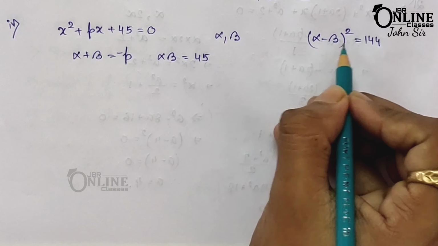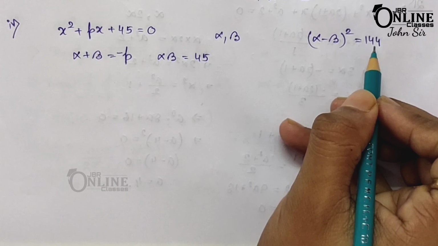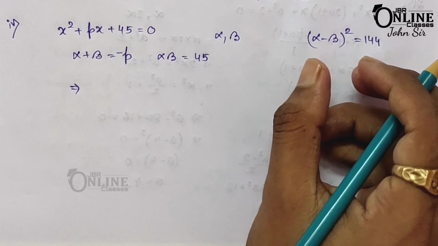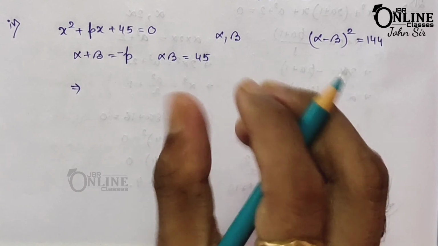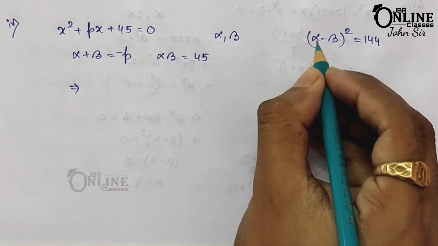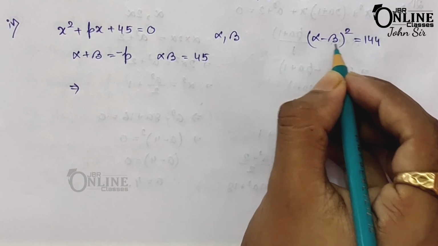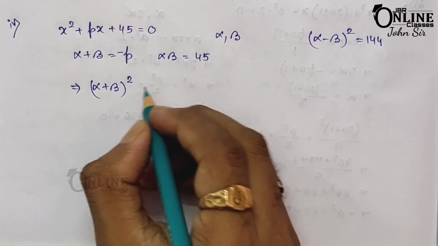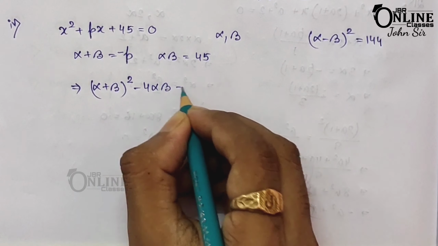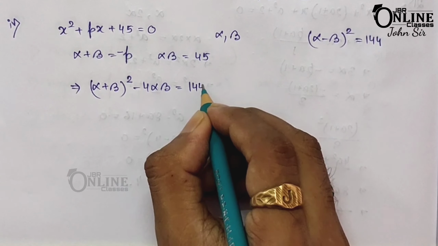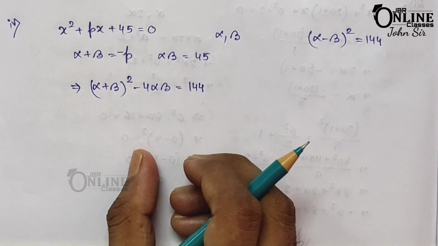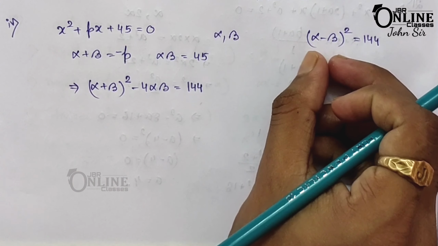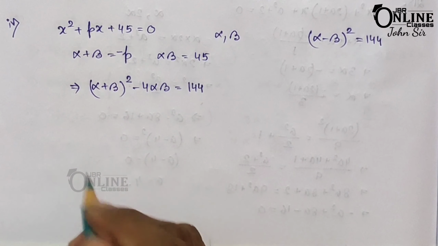As alpha minus beta whole square equals 144, you can use the formula a minus b whole square equals a plus b whole square minus 4ab. So alpha minus beta whole square equals alpha plus beta whole square minus 4 alpha beta, that equals 144.